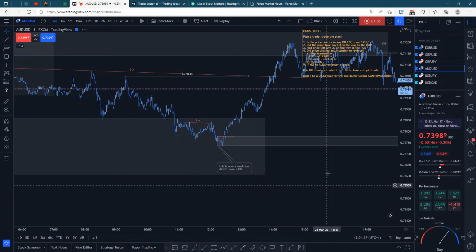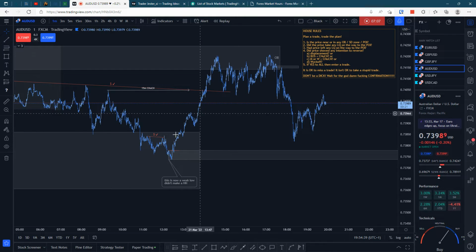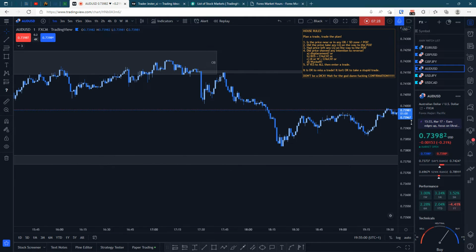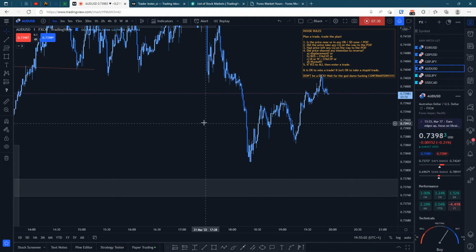after that the price took off and built some liquidity. The first take of liquidity was this higher high, tapping into an OB, then building here a trendline liquidity, grabbing the last part of this liquidity, and I entered on this trade.